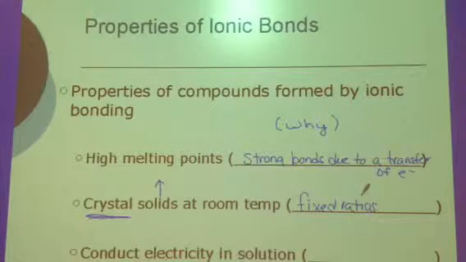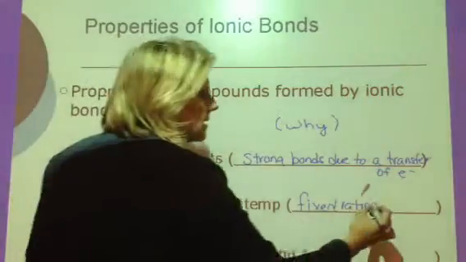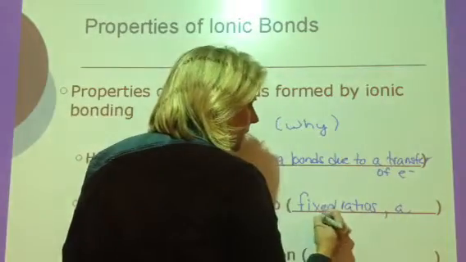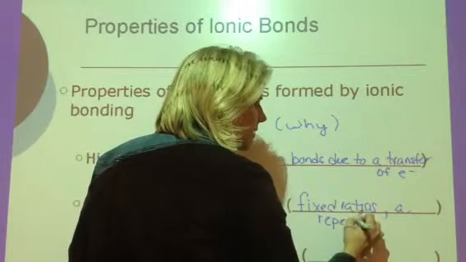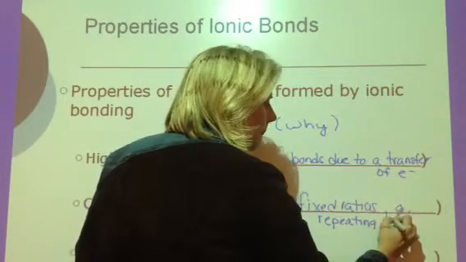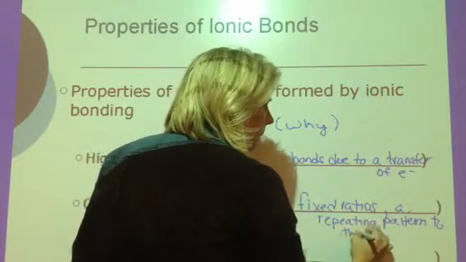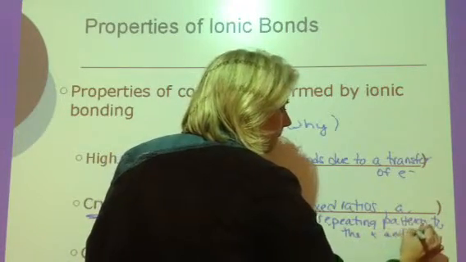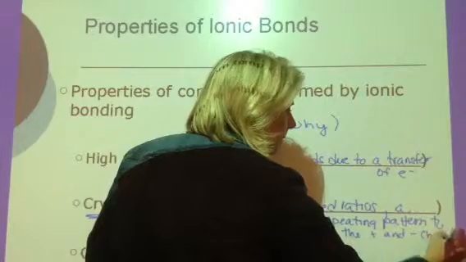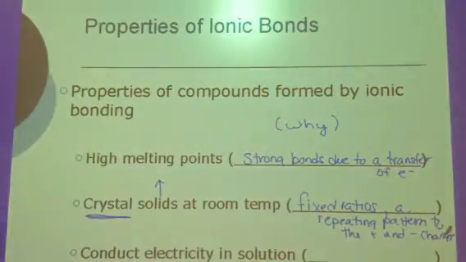When lithium bonds with oxygen, it's a 2-to-1 ratio. This fixed ratio gives us a repeating pattern to those positive and negative charges, and thus we see nice crystalline structures come out.